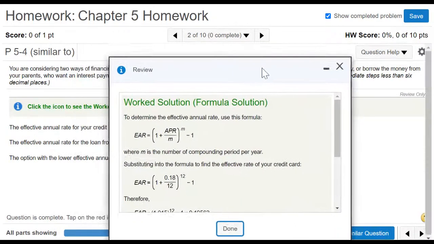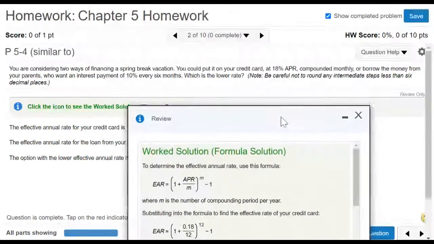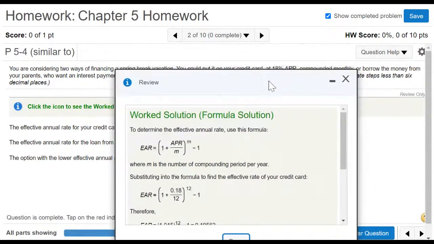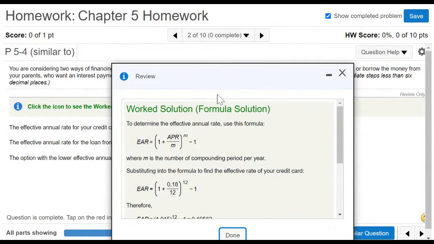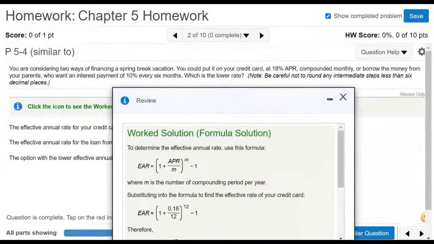Okay, because this is the EAR right here, from what I was talking about. So you're considering 2 ways of financing a spring break vacation. You could put it on your credit card at 18% compounded monthly or borrow the money from your parents. You want an interest payment of 10% every 6 months, which is lower. So on the first one, we're going to calculate the APR, annual percentage rate. It says it right here.